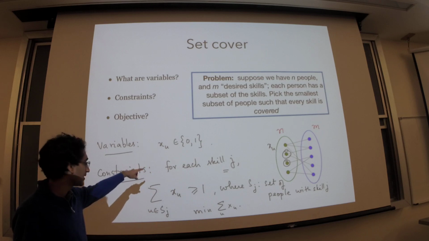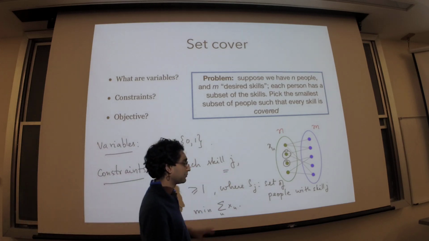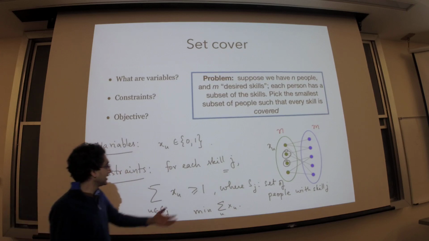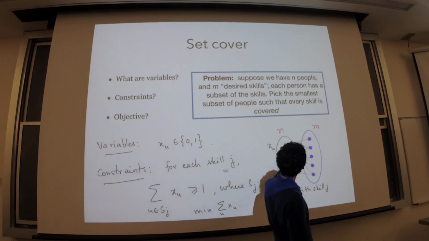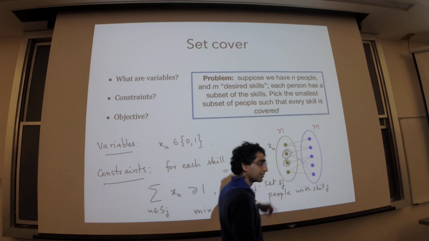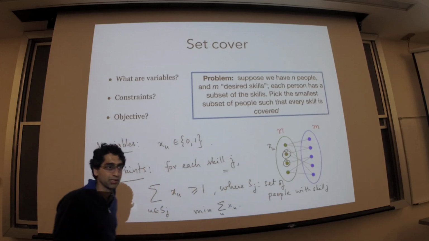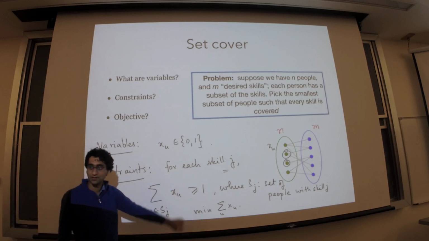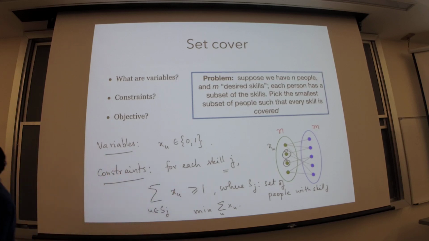So instead of saying that for an edge xu plus xv is bigger than or equal to 1, now you are saying that for each skill on the right, I look at everybody on the left who has that skill, and I say that the sum of those numbers has to be bigger than or equal to 1.